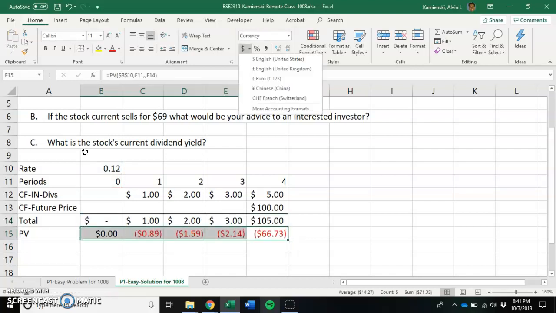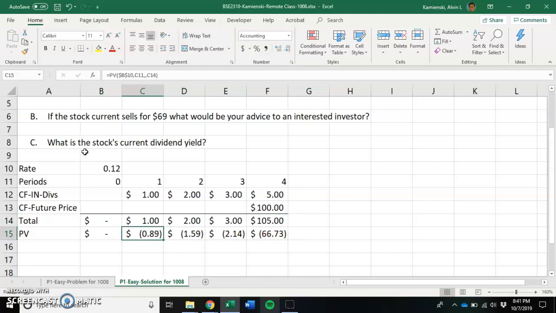So as I look at this stream of cash flows, what this suggests is if I was to get $1 in 1 year at a rate of 12%, I should be willing to pay up to 89 cents for it right now, thus the negative. If I was to get $2 in 2 years at a rate of 12%, I would be willing to pay up to $1.59 for that right now.